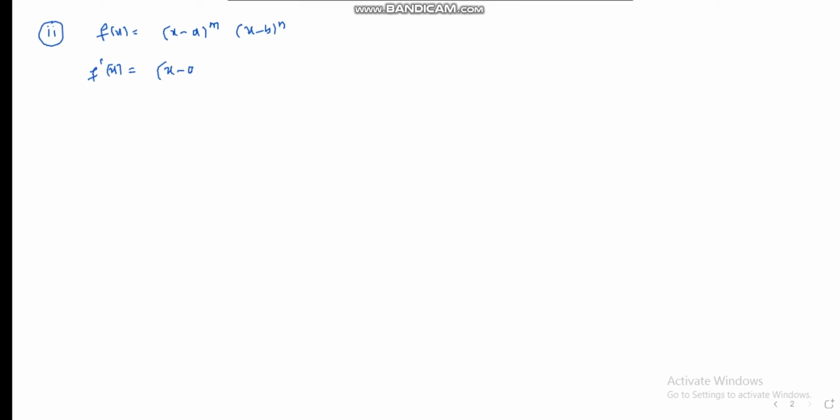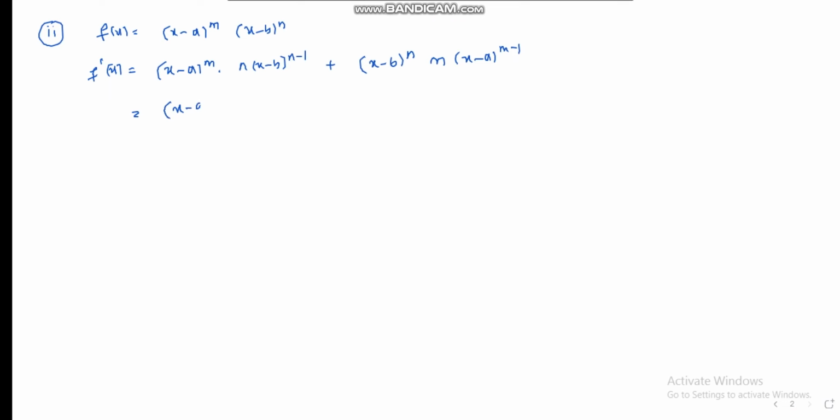So first function as it is, (x minus a) whole raised to m, into the derivative of the second function, n into (x minus b) whole raised to n minus 1, plus the second function as it is, (x minus b) whole raised to n, into the derivative of the first function, m into (x minus a) whole raised to m minus 1.